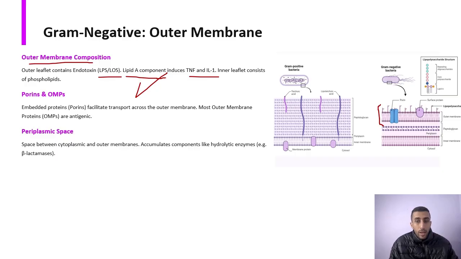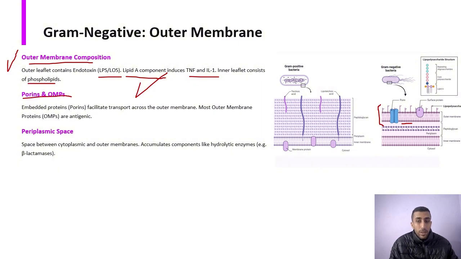Through the wall, the outer membrane has something called porins. These are essentially channels that transfer stuff across the outer membrane, and it also contains an inner leaflet, which consists of phospholipids. So again, these are porins and outer membrane proteins.